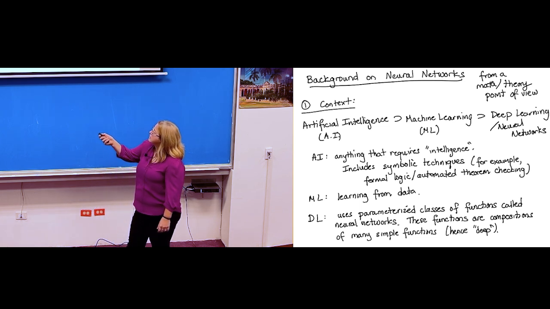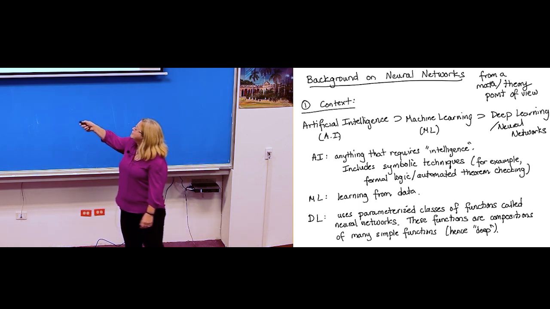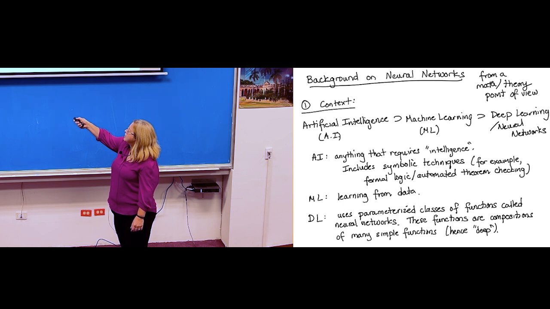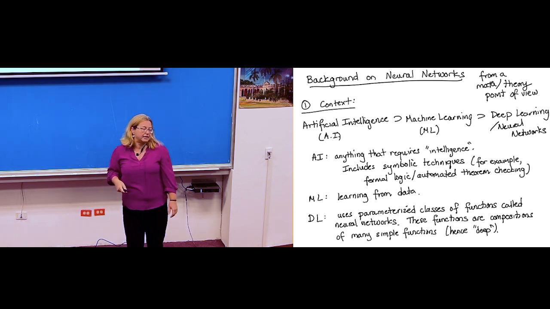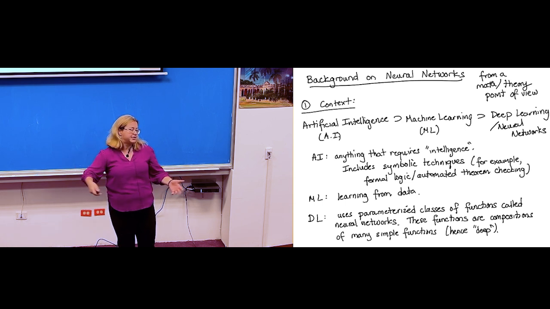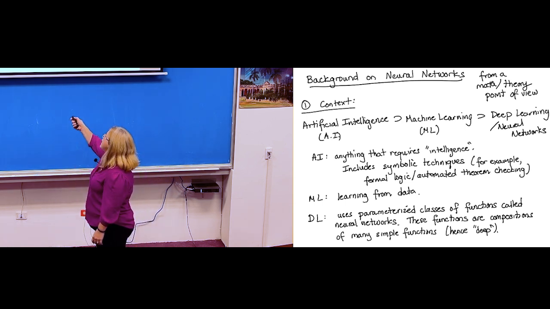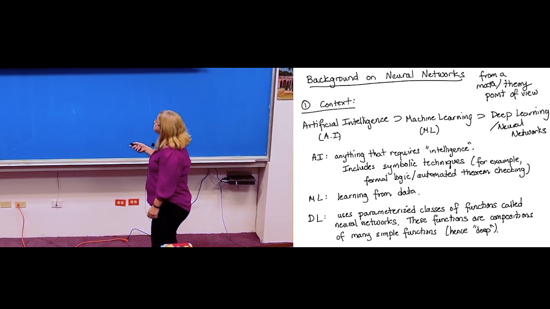That fits in AI. A subset of AI is machine learning, which I'll abbreviate ML. ML has to do with learning from data. You have a data set and you're looking for patterns and trying to make predictions and so on. It does not have any symbolic stuff.